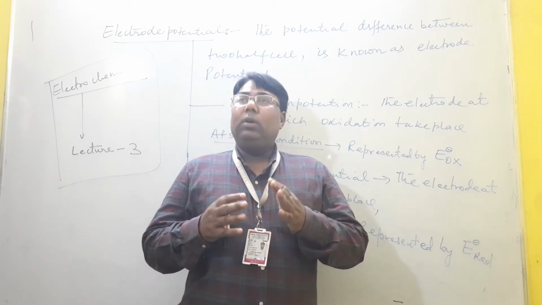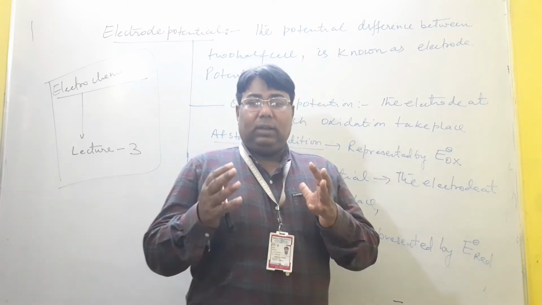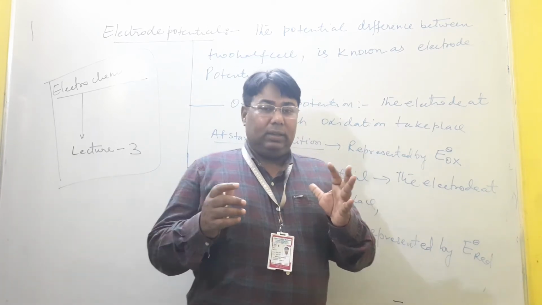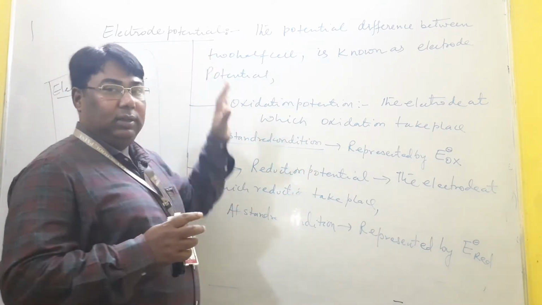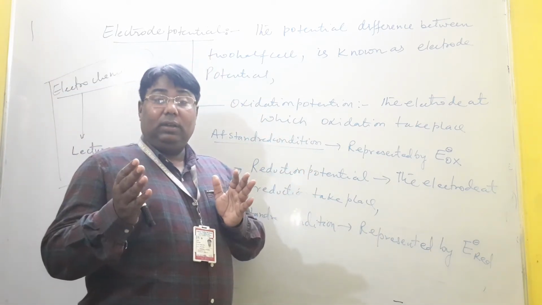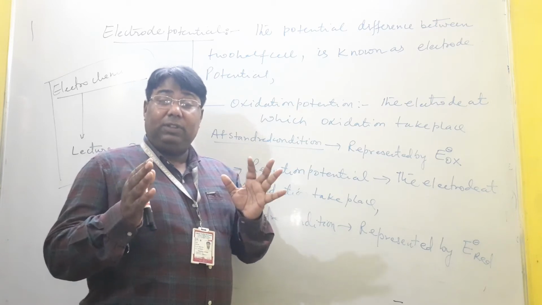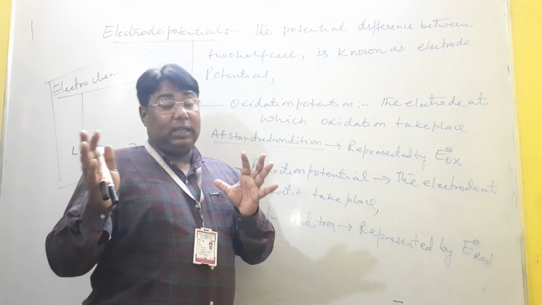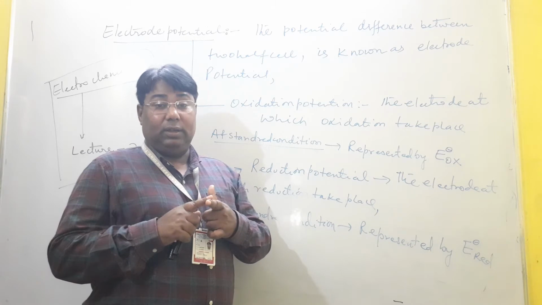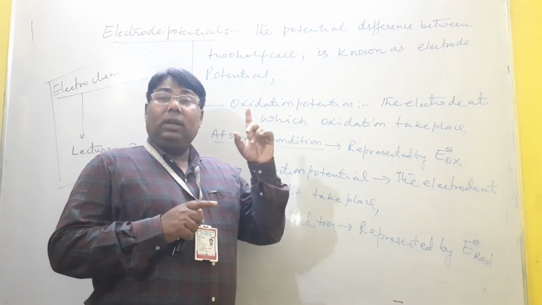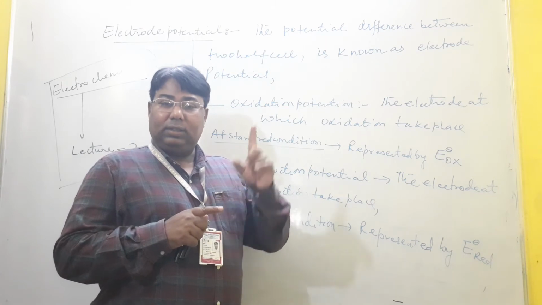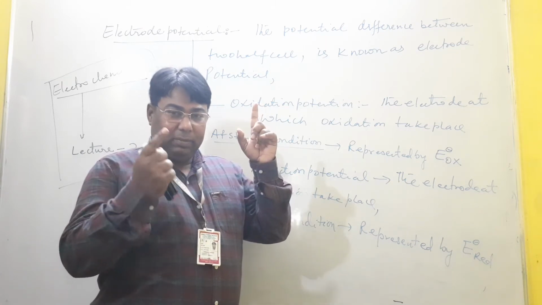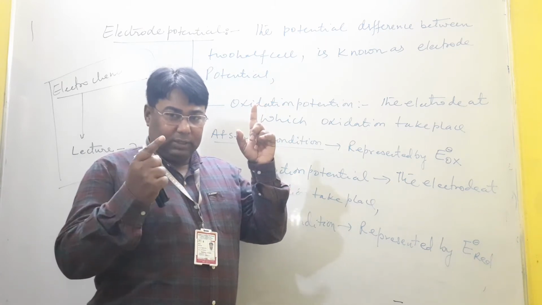Now, try to understand the terms related to the galvanic cell. First we are discussing the electrode potential. Electrode potential: the potential difference between the metallic rod and its ions is known as electrode potential. You have seen that in the oxidation half cell, the zinc rod is surrounded by the zinc sulfate electrolyte.